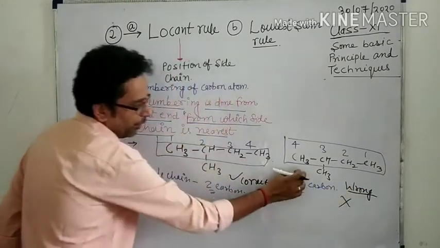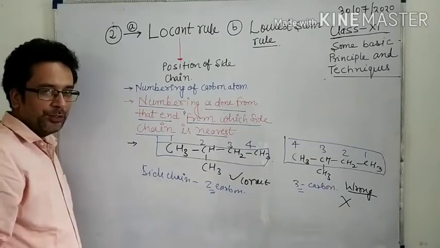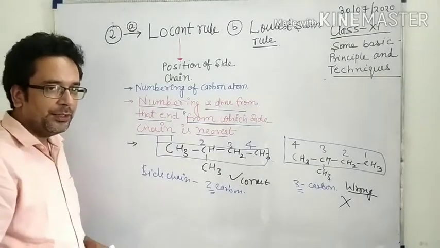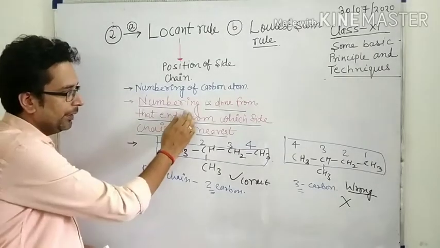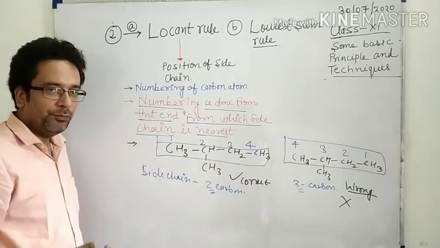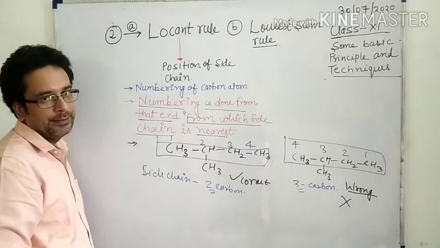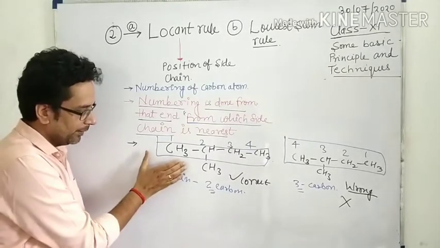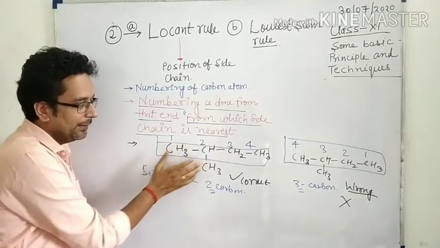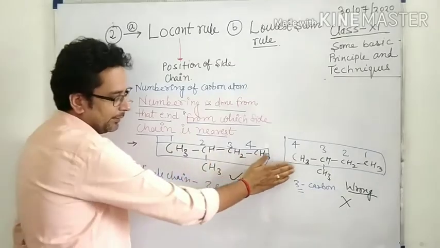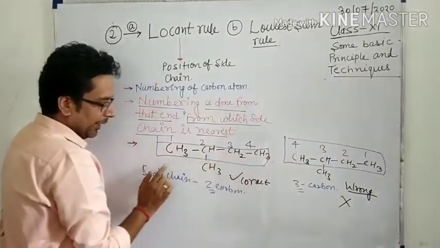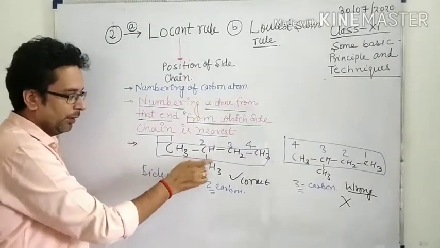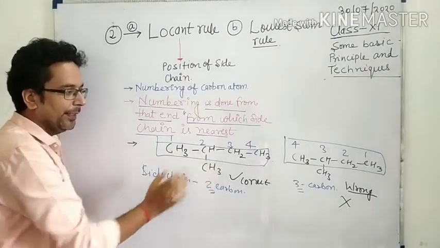Why is this wrong? Because according to the IUPAC rule, numbering is done from that end from which the side chain is nearest. In this numbering the side chain is nearest, and in this one the side chain is not nearest, it comes at the third carbon, and in this it is attached to the second carbon.